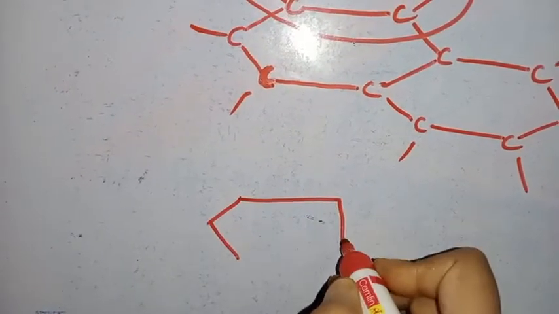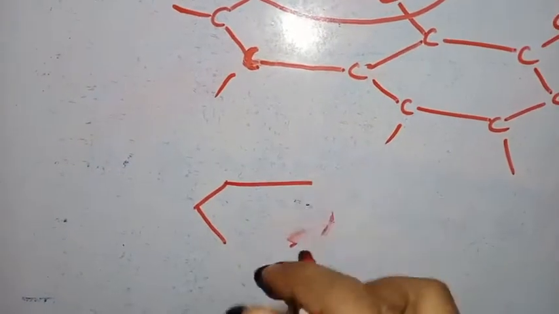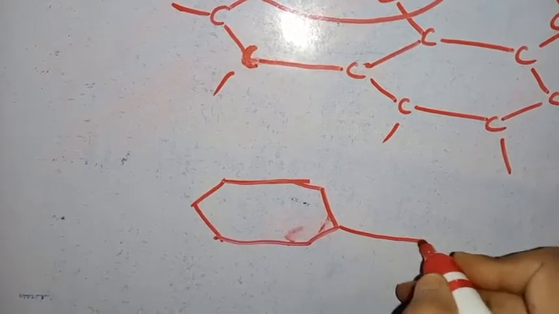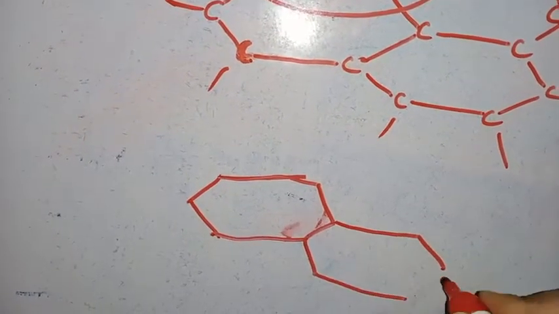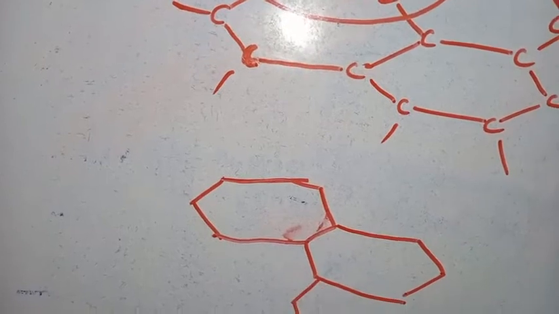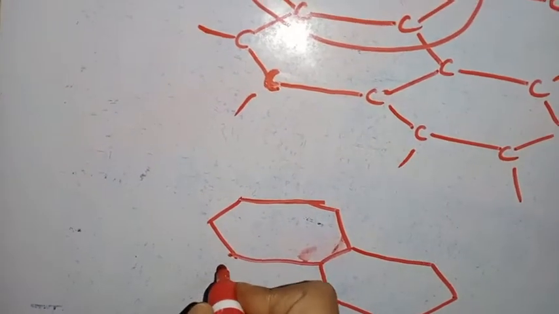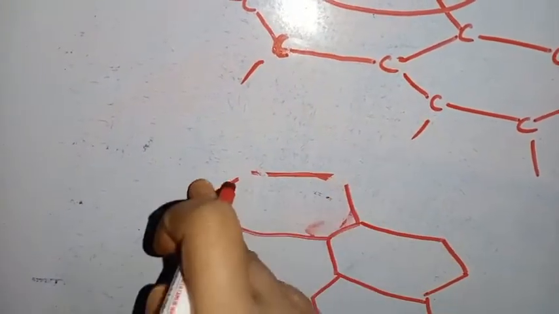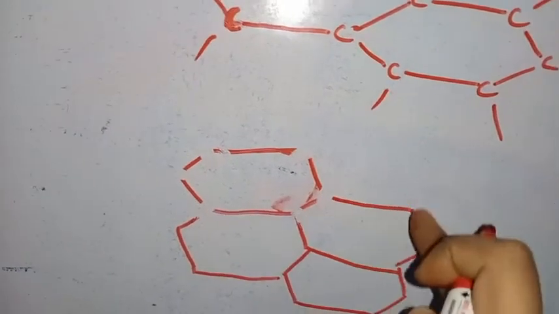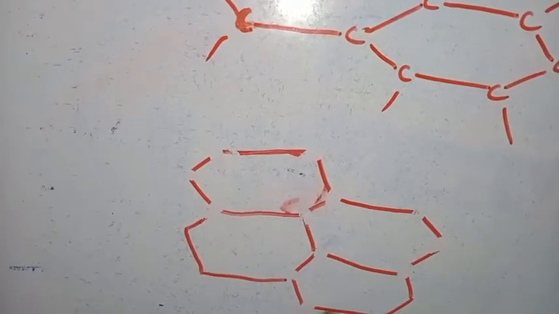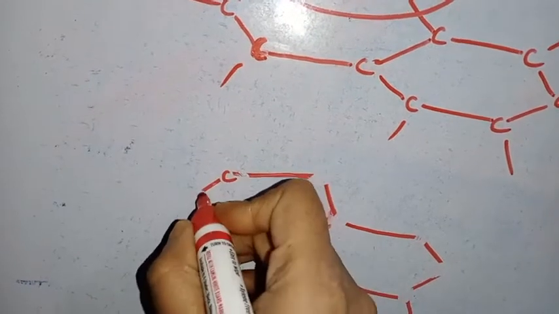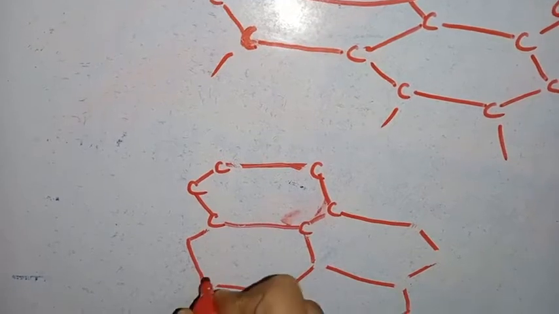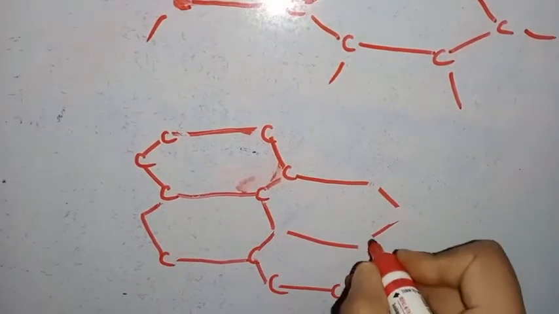They are also arranged something like that. Here each corner of hexagon consists of what? One carbon atom, like that.